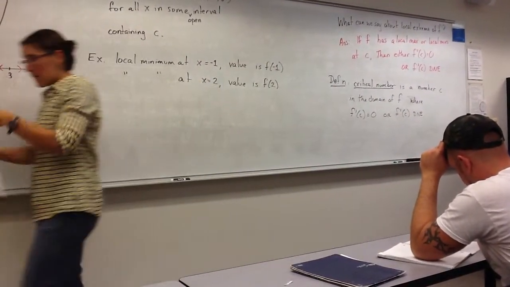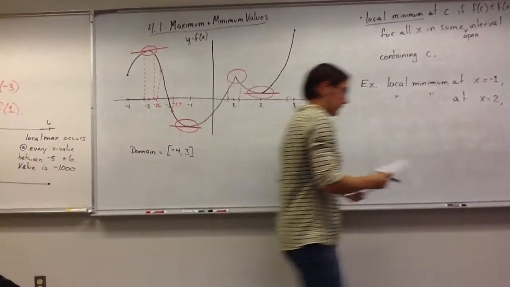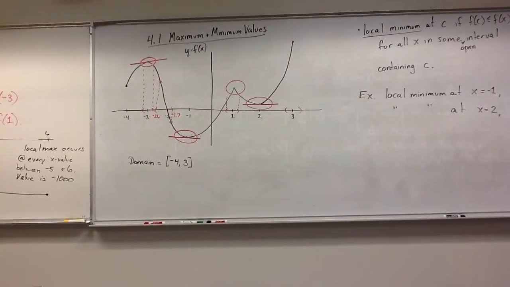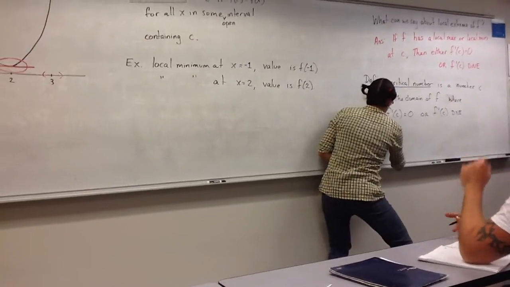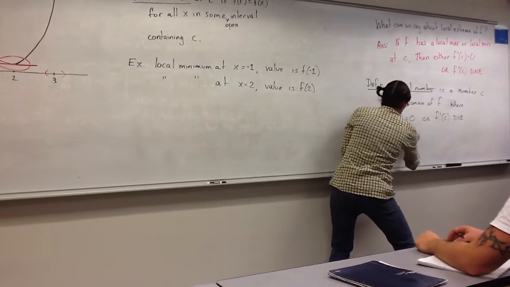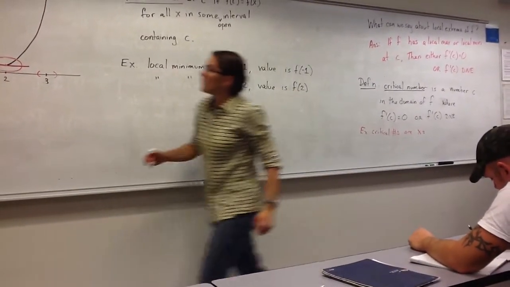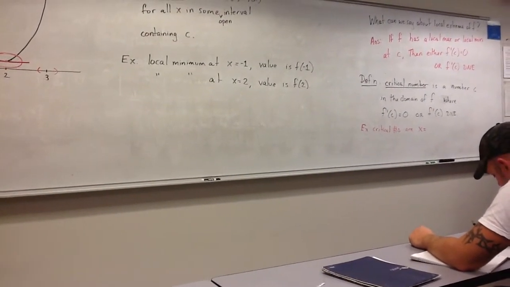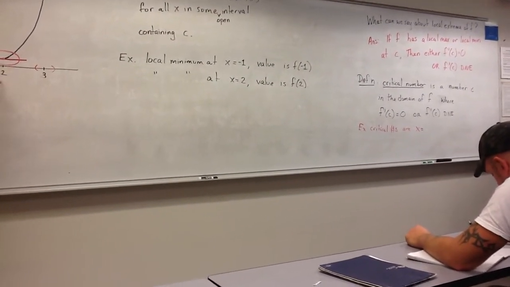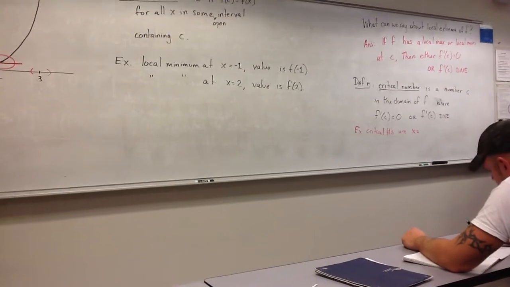All right, so in our example here, when I look at this function, the critical numbers are x equals -3, x equals -1, and x equals 2, the places where the derivative is equal to 0.